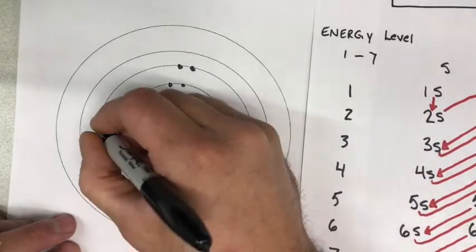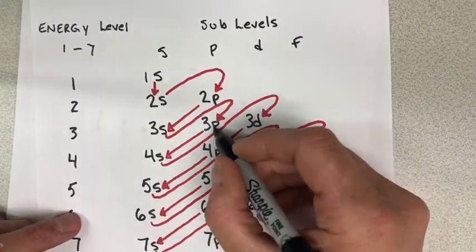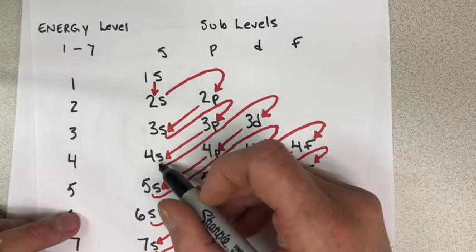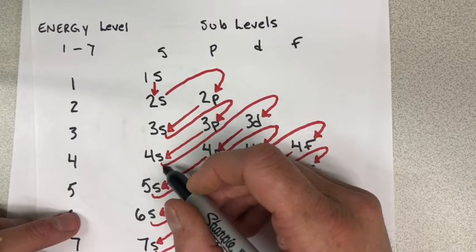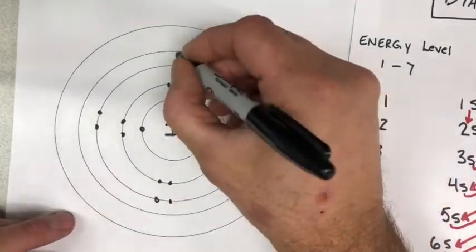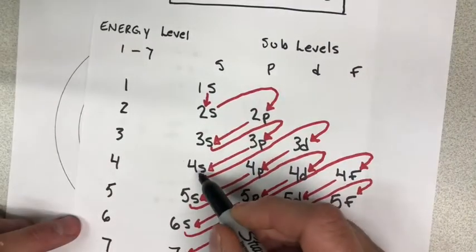in the third level. Okay, and this is where it gets kind of weird, because that third level holds a maximum of 18, but we're going to start to fill up the fourth energy level before we completely fill the third. So the next electrons that go in here actually go into the fourth level. So that's our 4s electrons, of which there are 2.